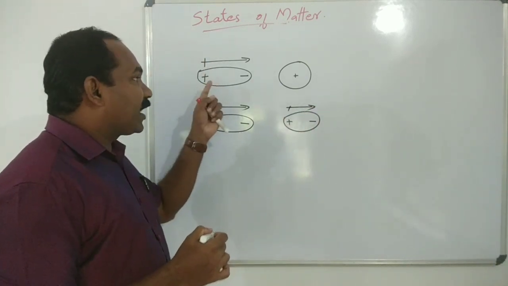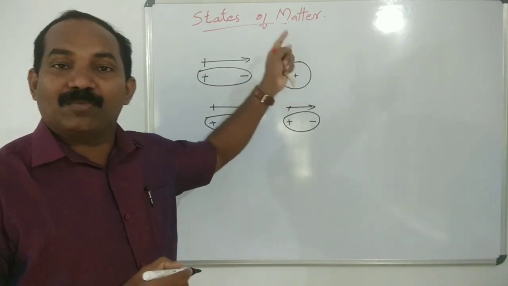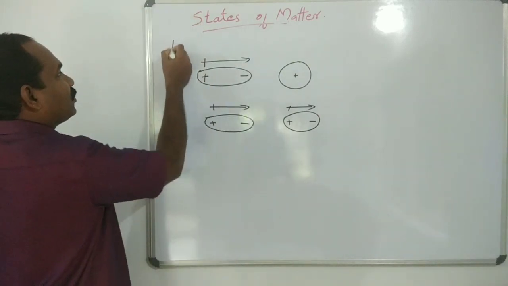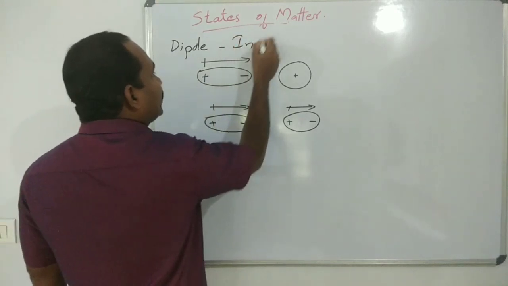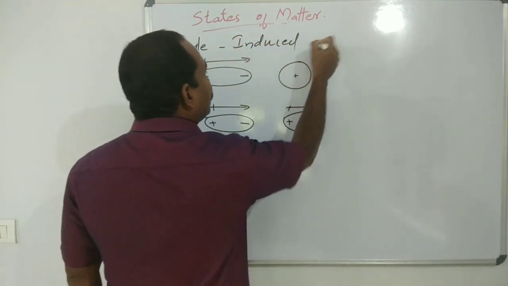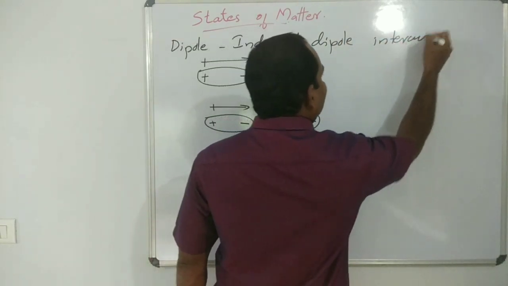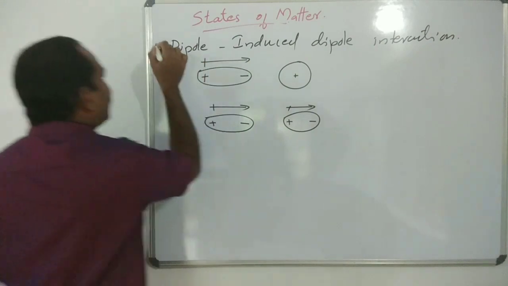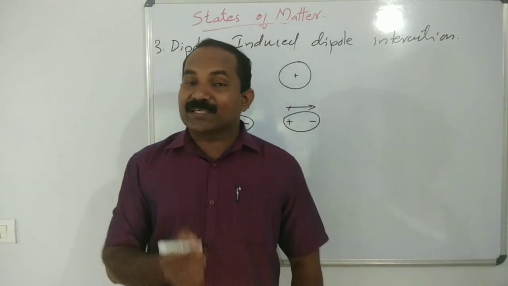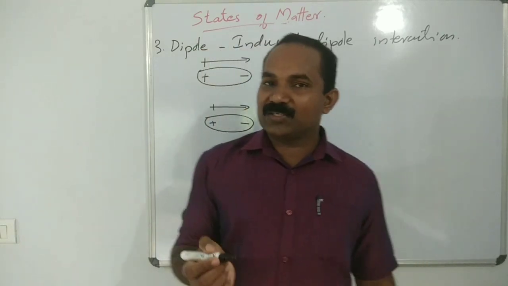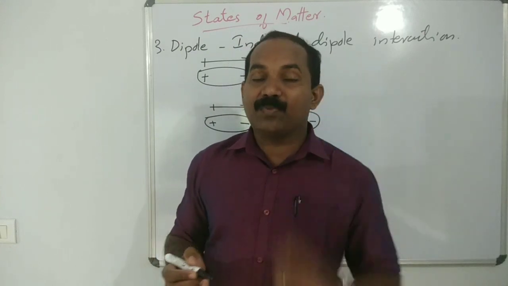So a permanent dipole moment molecule induces a non-polar or neutral molecule. The interaction is called dipole induced dipole interaction. This is the third one. First one is dispersion force or London force. Second one is dipole-dipole interaction. This is dipole induced dipole interaction.